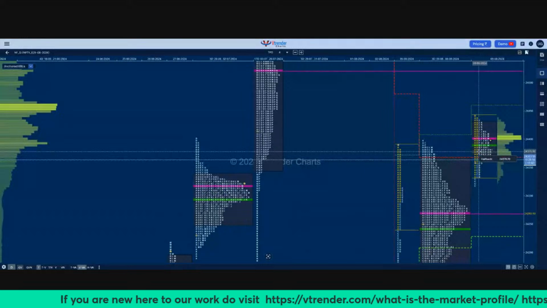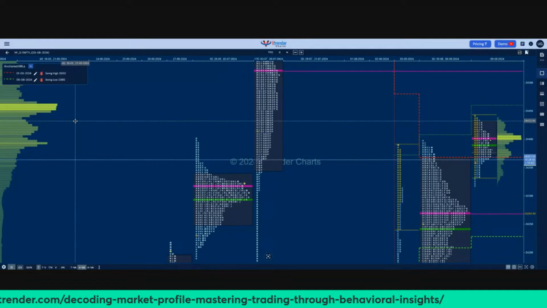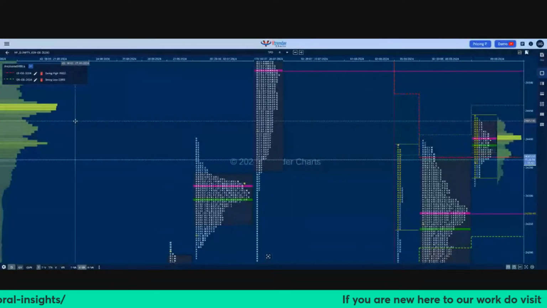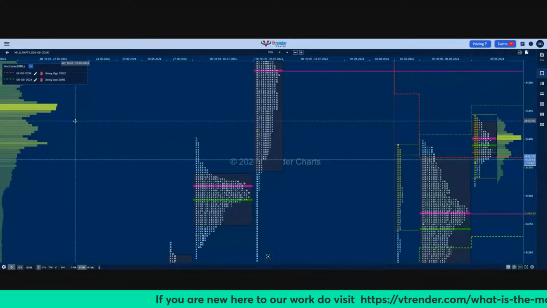So we have these anchored VWAPs. We mark them out whenever we have a swing high and a swing low on the daily time frame. And if it is a fresh entry, we look at the objectives, and the objectives of that move would be the 2 standard deviation. That would be one point where we would want to look for order flow confirmation for continuation or stalling.